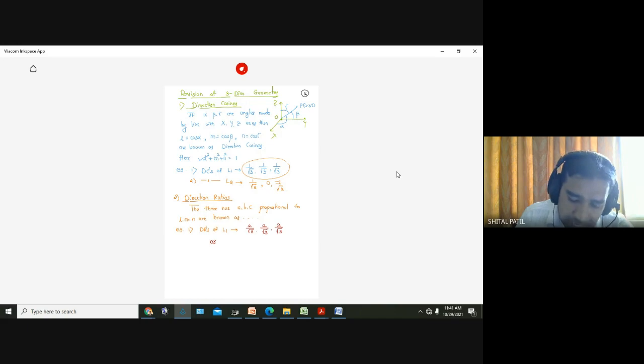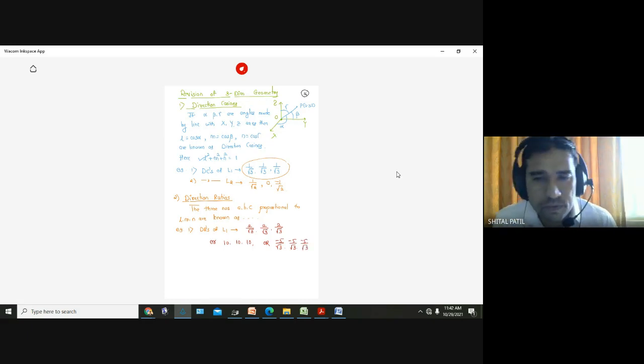Say I multiplied by 10 root 3, so I'll get 10, 10, 10. Suppose I multiplied by minus 5, so minus 5 by root 3. These are direction ratios.